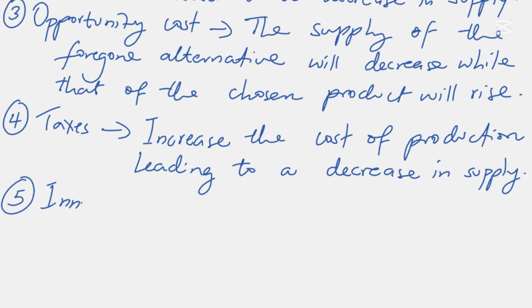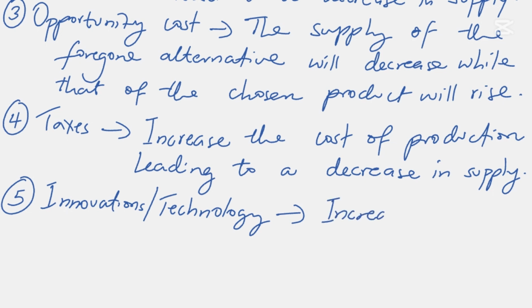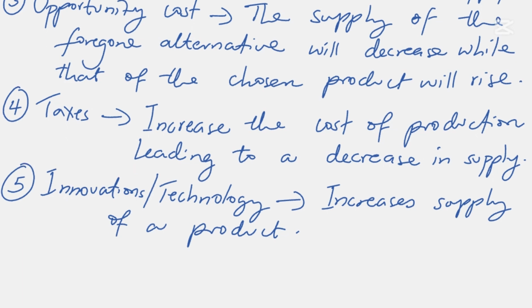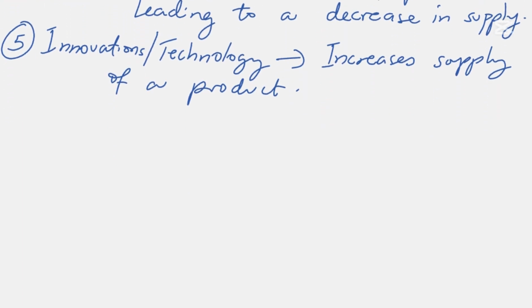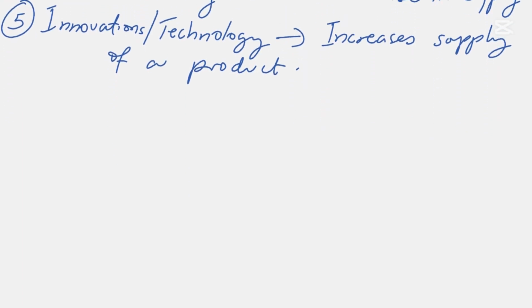The number 5, we have innovation or technology. Innovation or technology is another determinant. So whenever we have improvement in technology, it usually increases the supply of a product. This of course will cause an outward shift of the supply curve.